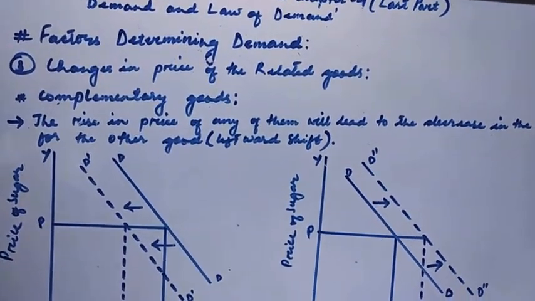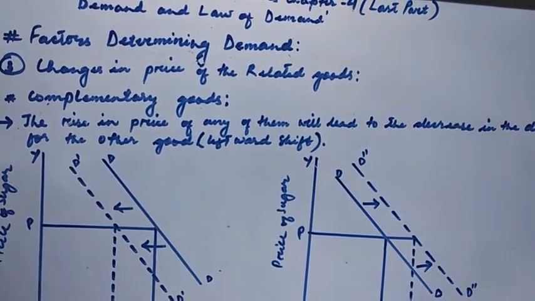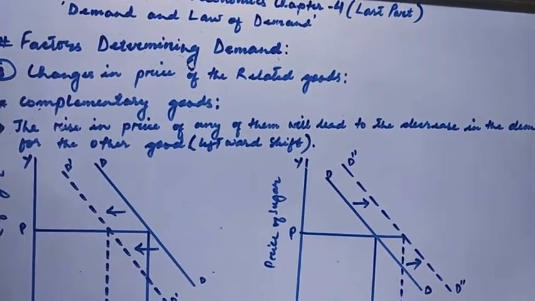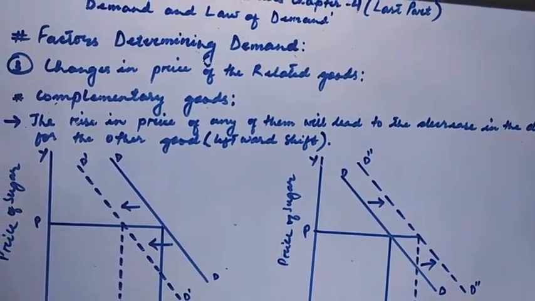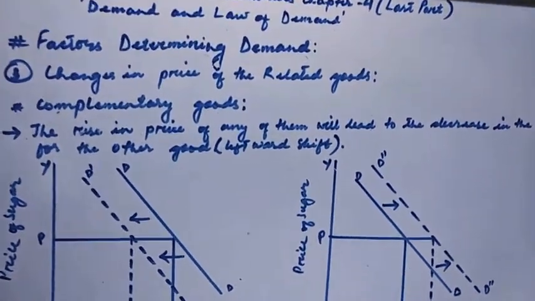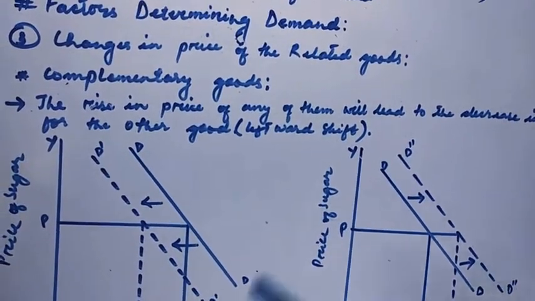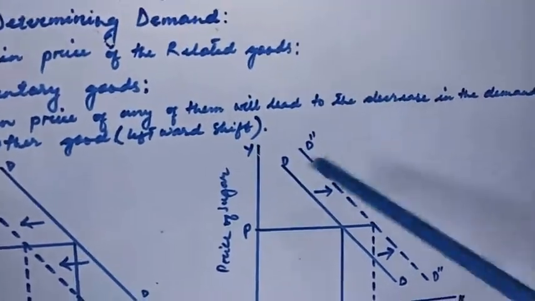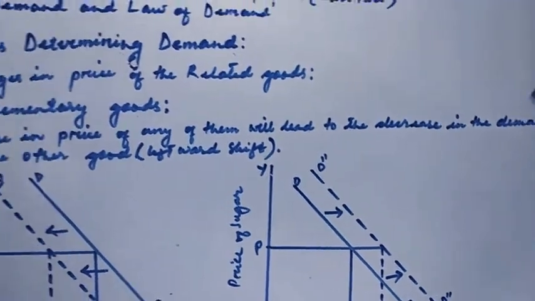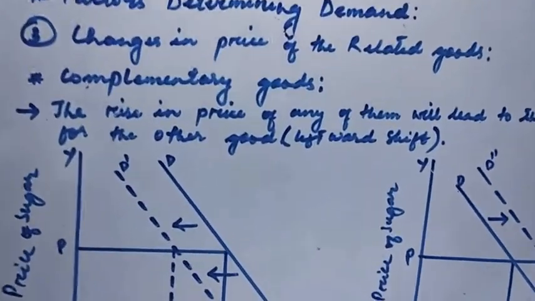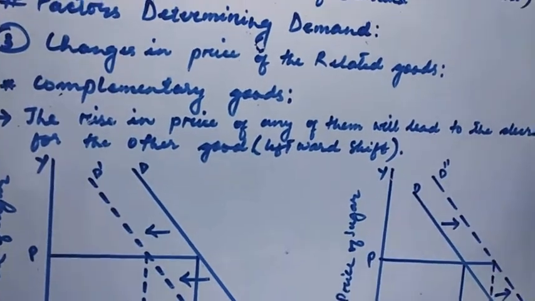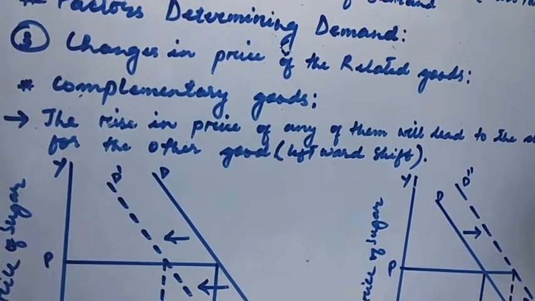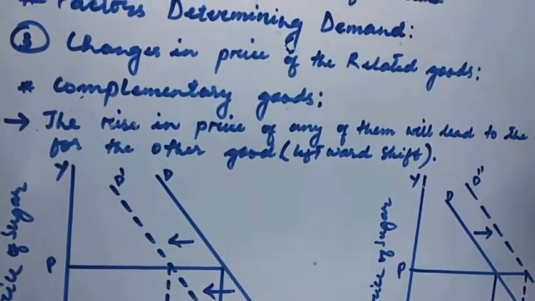So within complementary goods, if there is a rise in the price of any of them, it will lead to a decrease in the demand for the other goods. We often say tea and sugar, bread and butter, ink and pen, car and petrol. These are some examples of complementary goods.